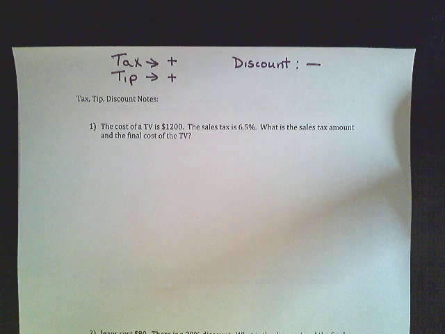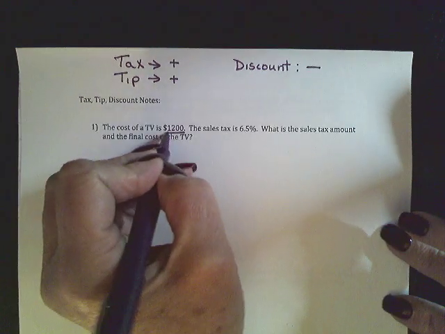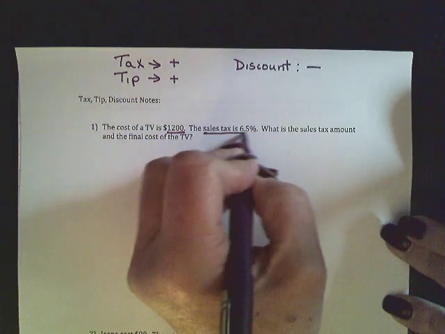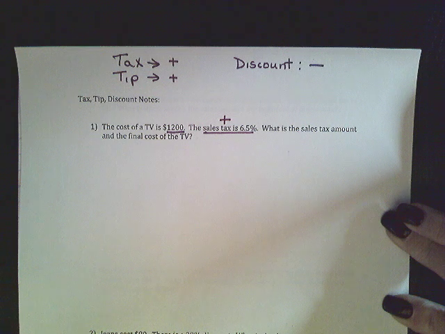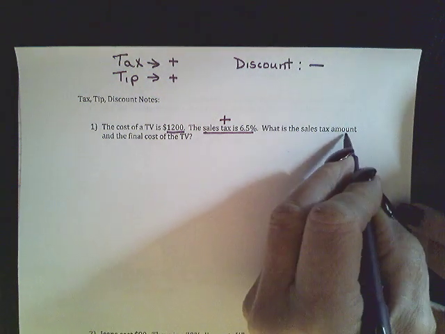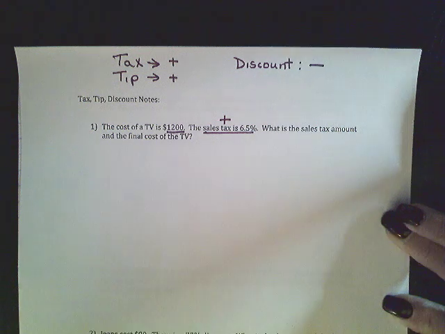Okay, so let's see what the first one is asking us for. The cost of a TV is $1,200. The sales tax is 6.5%. Knowing it's sales tax, we are going to add that. We want to know what is the sales tax amount and the final cost of the TV. So since we're looking for sales tax, that is only part of the whole.